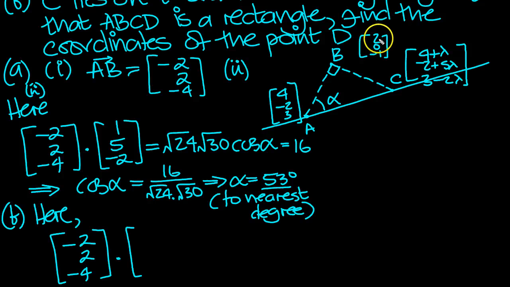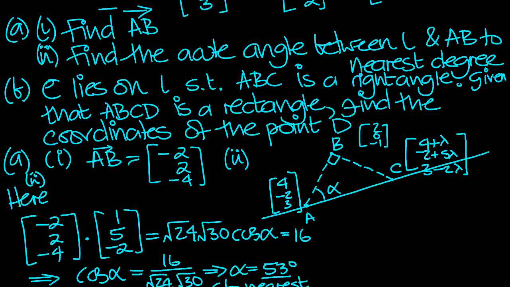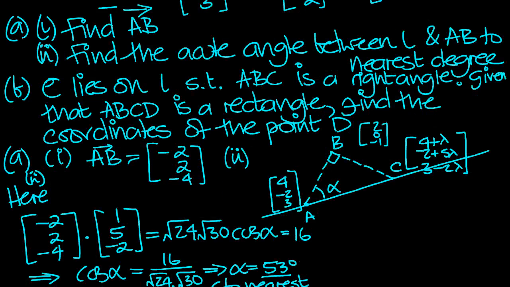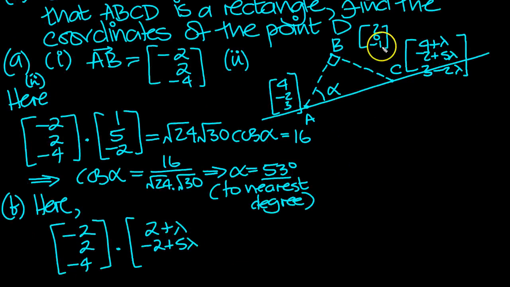That would be 4 plus lambda minus 2, which is 2 plus lambda. And then -2 plus 5 lambda minus 0. And then 3 minus 2 lambda, take away -1, which is add 1. So that's 4 minus 2 lambda.